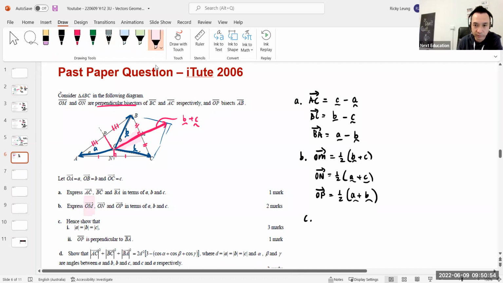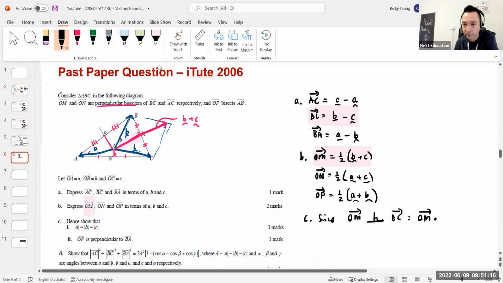Since it's a right angle, OM, this guy, and BC, this guy, have a dot product of 0. So since OM is perpendicular to BC, I have OM as a vector dot product with BC to be 0, right?